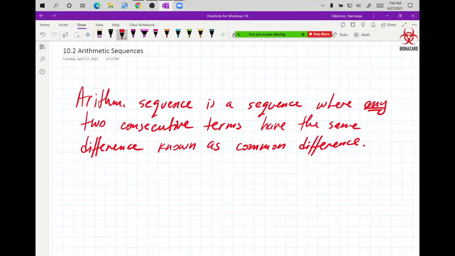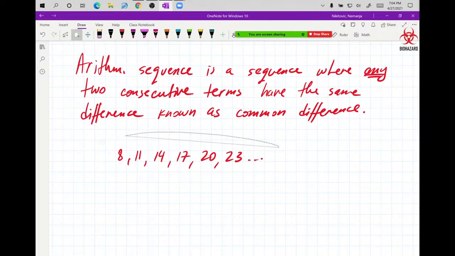So let's take a look at an example. 8, 11, 14, 17, 20, 23, and going on. This is an example of an arithmetic sequence. Why? Because the difference is always 3.